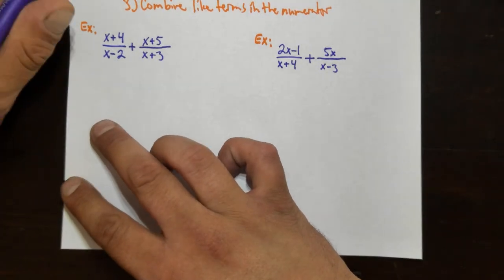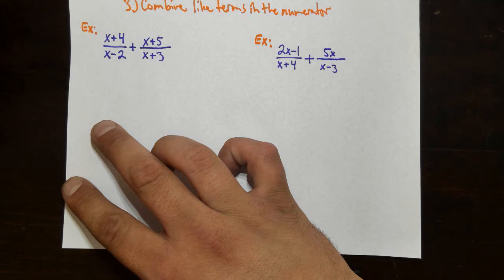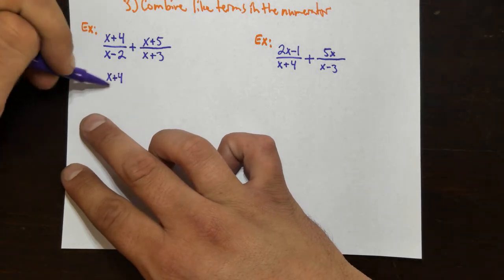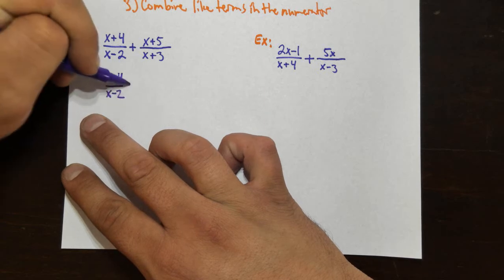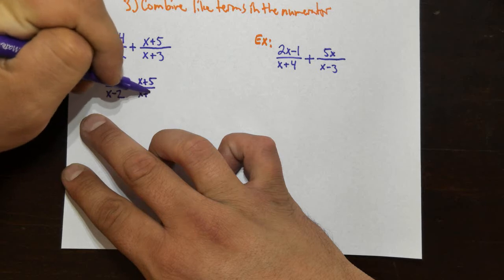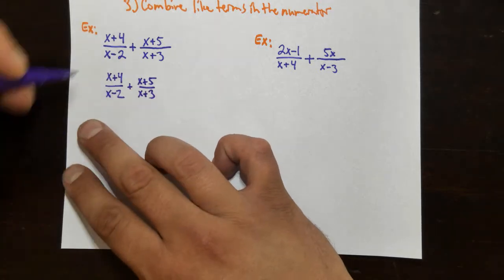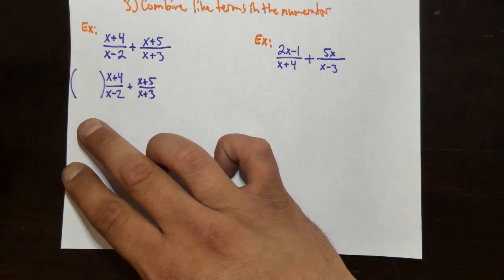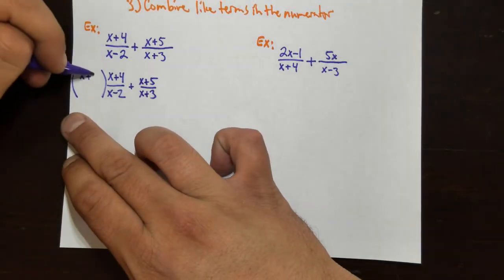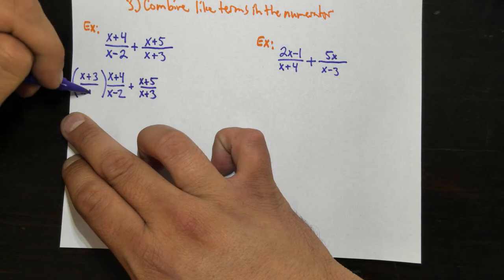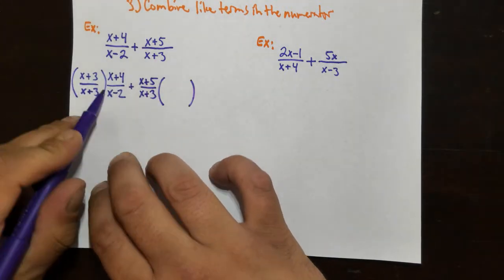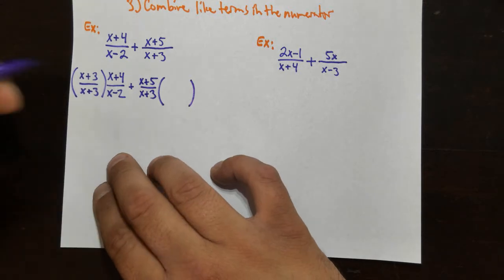Okay, so to add, let's first get like bases here. I'm just going to rewrite this really quickly. And I'm going to multiply this left expression by x plus 3 over x plus 3. And then I'm going to multiply the right expression by x minus 2 over x minus 2.